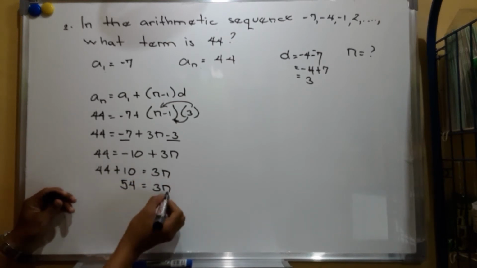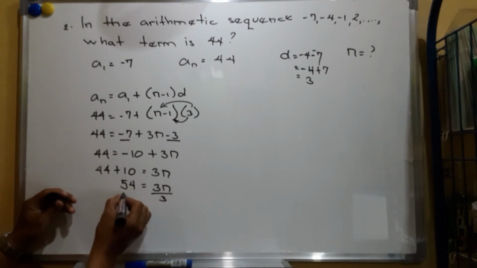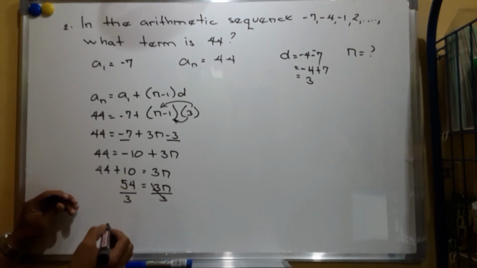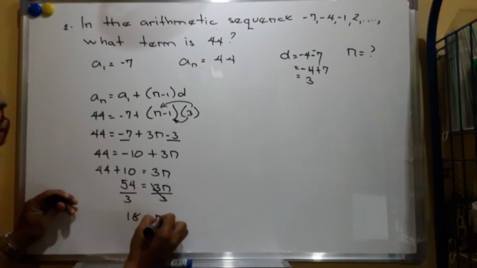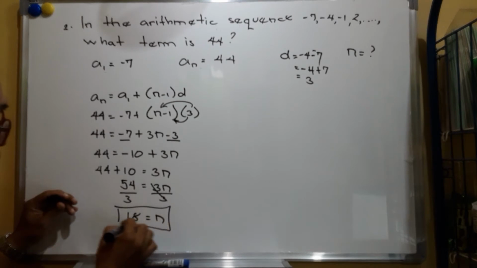So, you are asked to find the n. So, to get rid of 3, divide it by itself, by 3. To balance the equation, divide this also by 3. 3 would be cancelled out. 54 divided by 3 would become 18. So, your n here is 18.